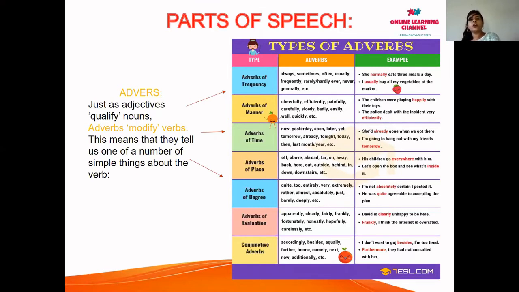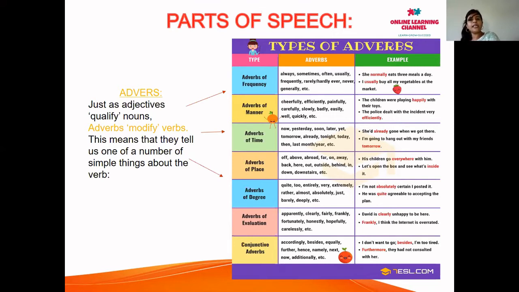These are your different words: cheerfully, efficiently, painfully, carefully, slowly, badly, easily, well, quickly, etc. And on the last column, I have examples of ways you can use your different words. You've got adverbs of time: now, yesterday, soon, later, yet, tomorrow, already, tonight, today, and so on.